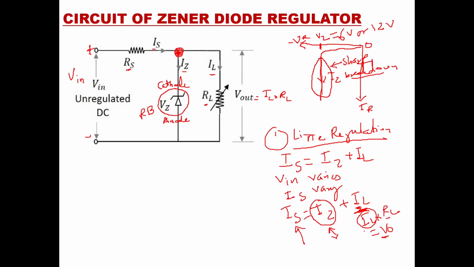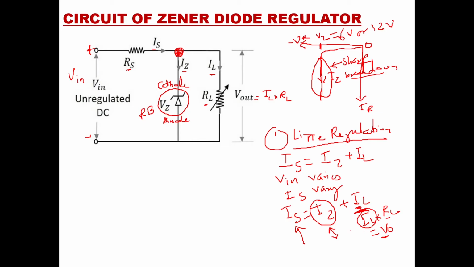That means in line regulation, even when the input voltage V in varies, the output voltage V out, that is IL into RL, will remain constant because across the Zener diode the voltage will remain constant and the current can vary, and that is the feature of the Zener diode. So IZ will compensate itself and it will see that the load current IL remains constant, so that IL into RL will be a constant parameter. So the output voltage will remain constant.